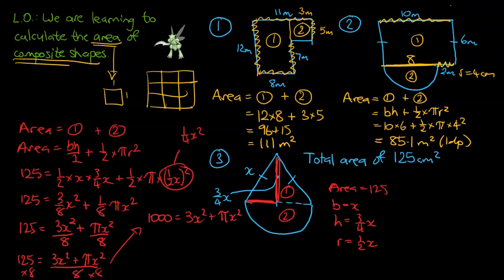And we can see they've got an x squared in common, so we're going to factorize that. So 1,000 is going to be equal to x squared, 3 plus pi. And that 3 plus pi is a multiplication, so I'm going to move it to the other side as division. So 1,000 divided by 3 plus pi, that's equal to x squared.